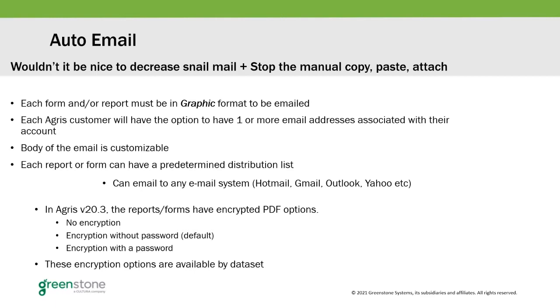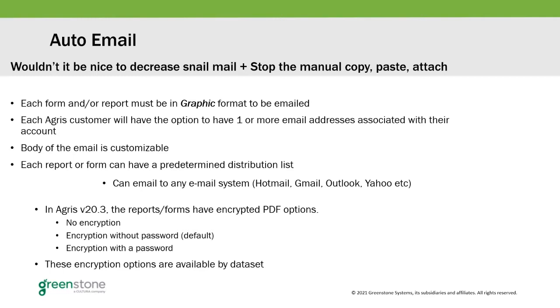And then finally, this auto email function came out in about, I believe, 10.2, but in the latest 20.3 version, we have provided you the option to encrypt the PDF documents that you're emailing. So in keeping with today's world, we offer 3 encryption options.